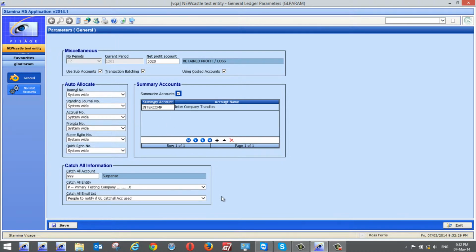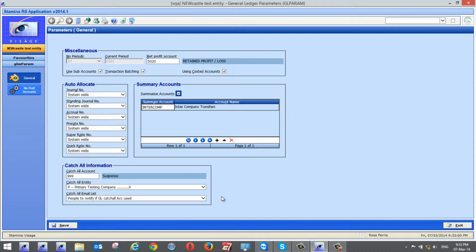The last box on the screen here has to do with catch-all information. Now, as the name hopefully implies, as you're setting up other subsidiary systems, it's possible that you're going to be asked to enter up general ledger accounts, or to enter up entities or cost centers or divisions, and your setup in those other areas may be faulty, and you may forget, neglect to enter up some information.